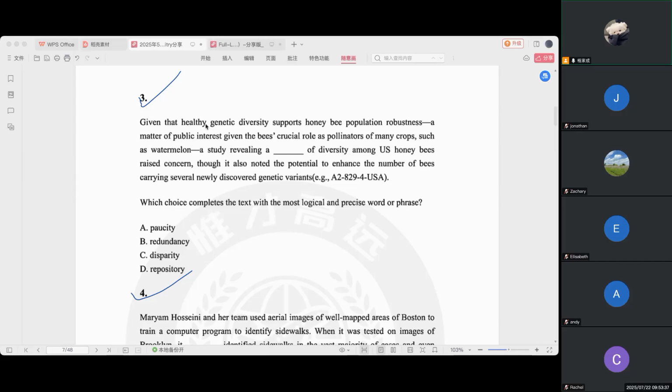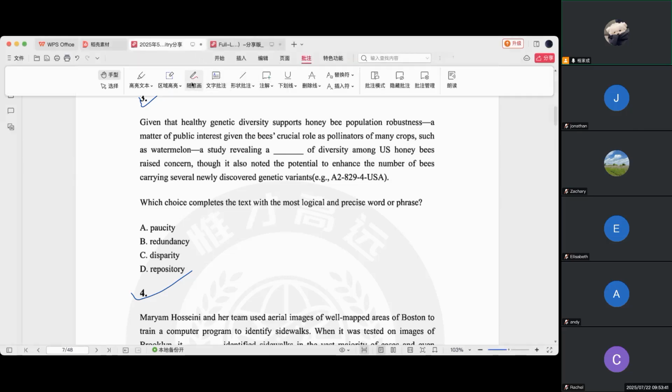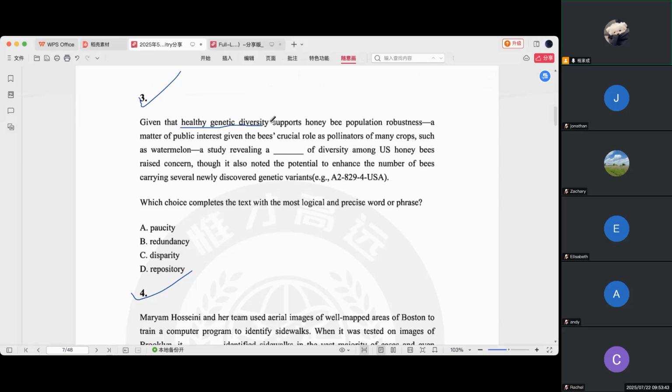Here it says that given the healthy genetic diversity, so it mentions healthy genetic diversity. Diversity means diverse kinds of honeybees. So healthy genetic diversity supports honeybee population robustness. Okay, a matter of public interest given the bee's crucial role as a pollinator of many crops, such as watermelons.